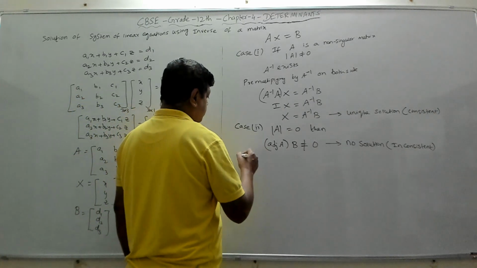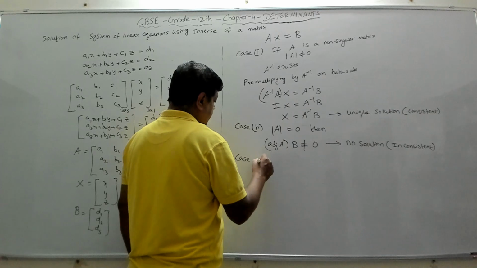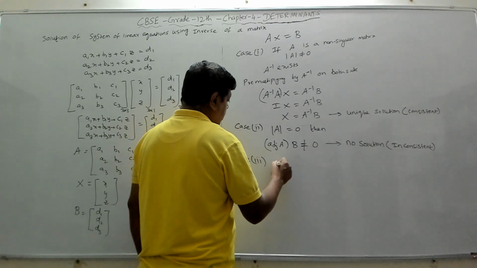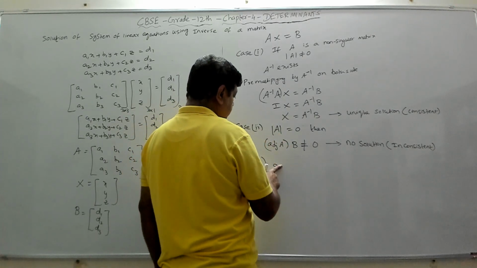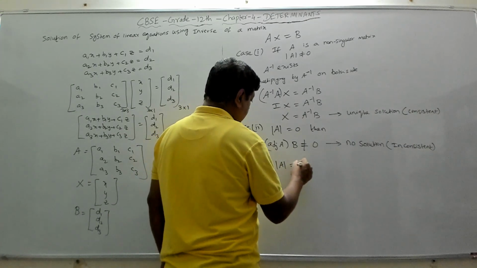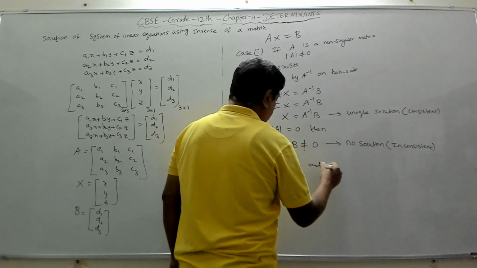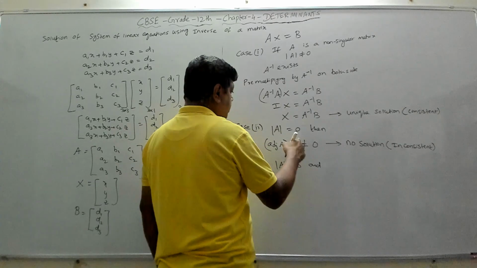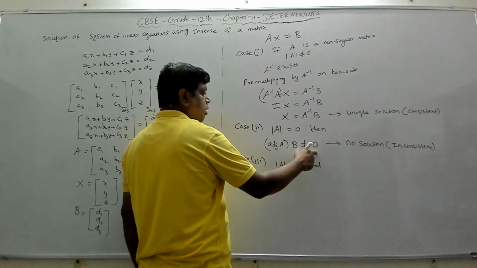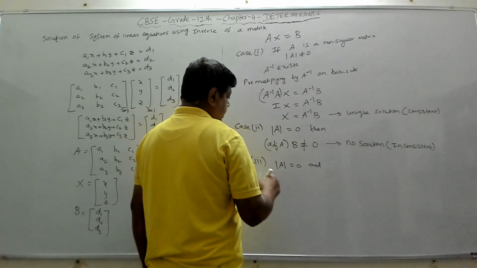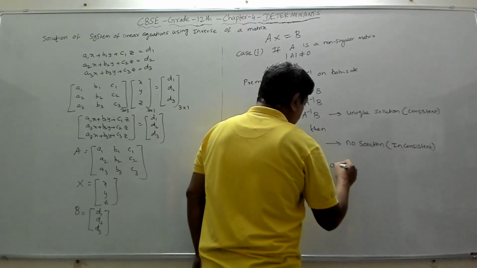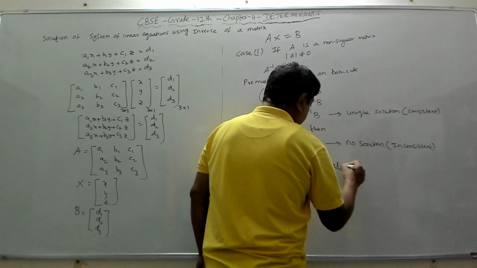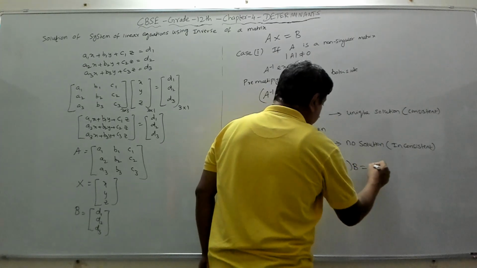Then the third case. Case 3 is, suppose the determinant of A is 0 and adjoint of A into B is equal to 0.